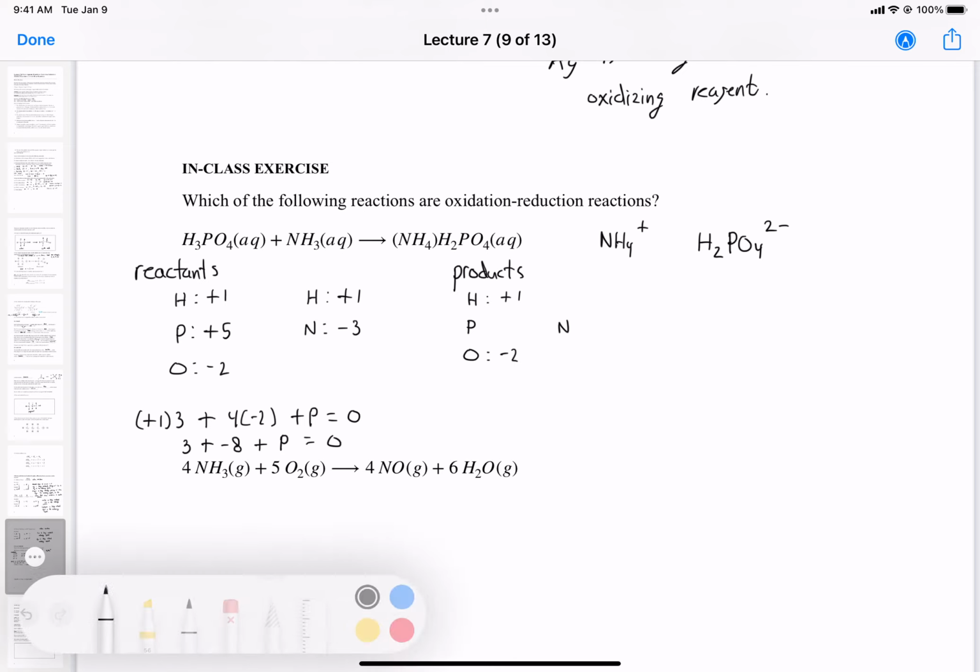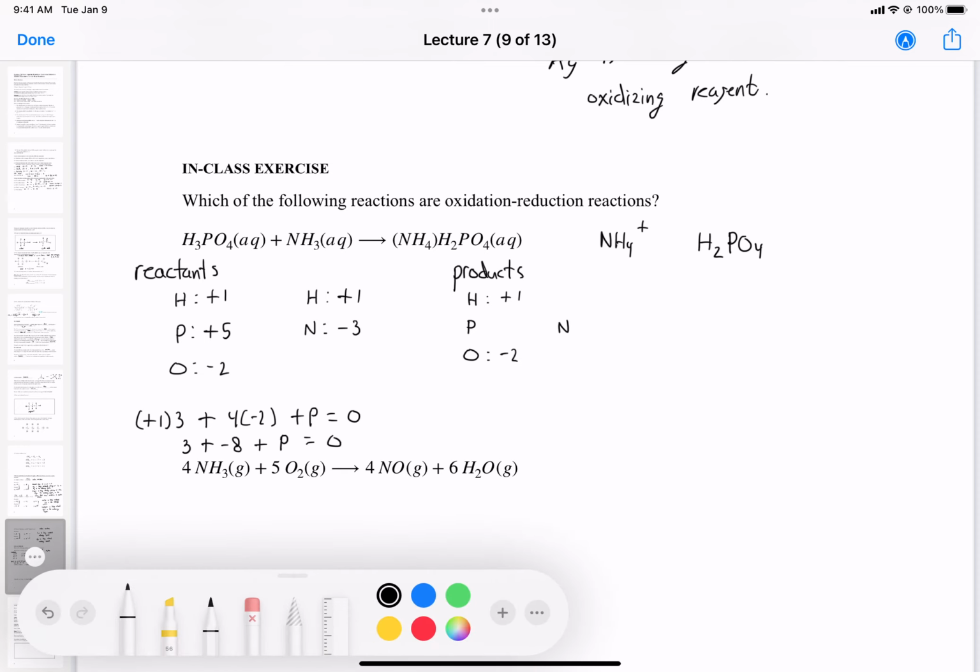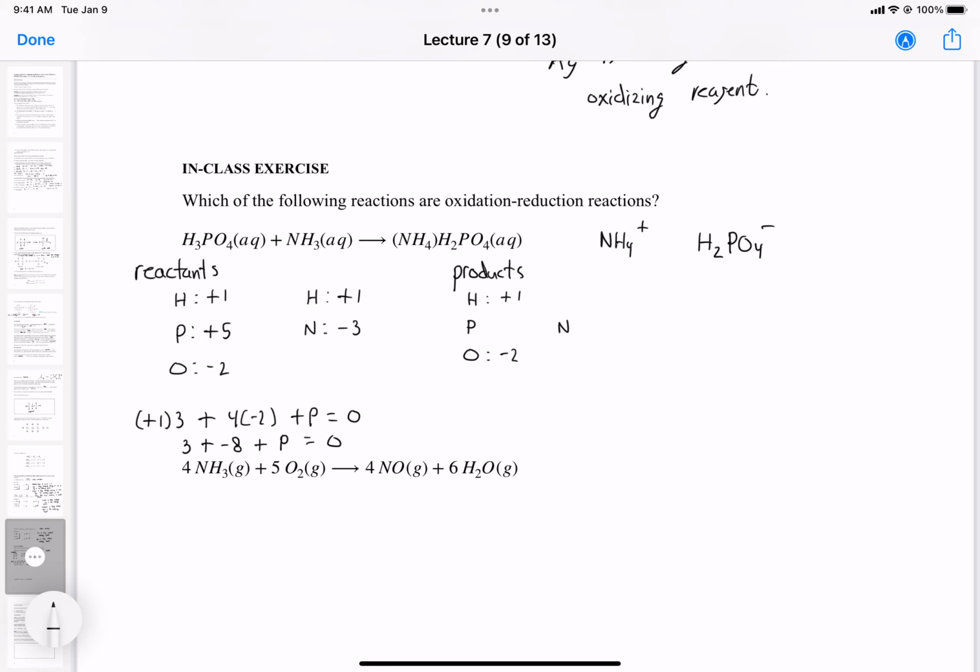Oh, sorry, not 2 minus, just minus. So in this case, oxygen is still -2, right? And then there are 2 hydrogens, but we still need to maintain a negative charge. So the only way that's possible is if we have a total of -1, and phosphorus is still going to be +5.